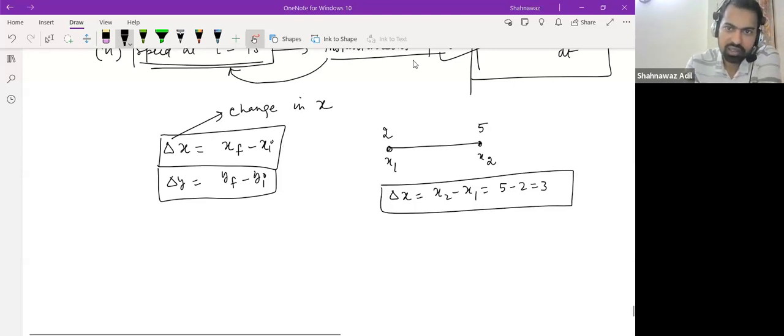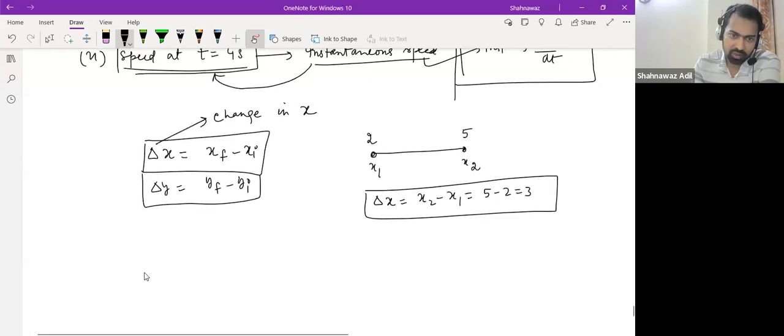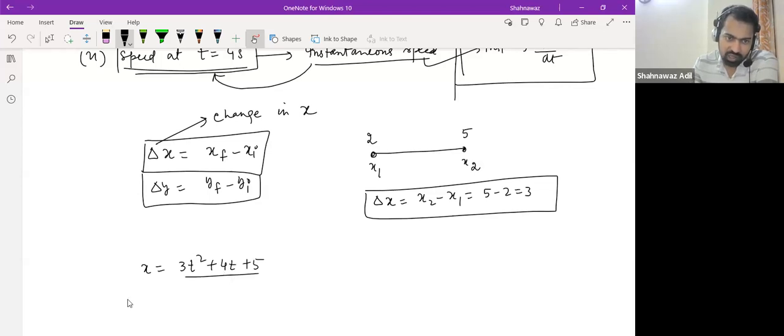Now let us focus on this question. x is 3t square plus 4t plus 5, and we need to calculate average speed from t equals 0 to 3 seconds.